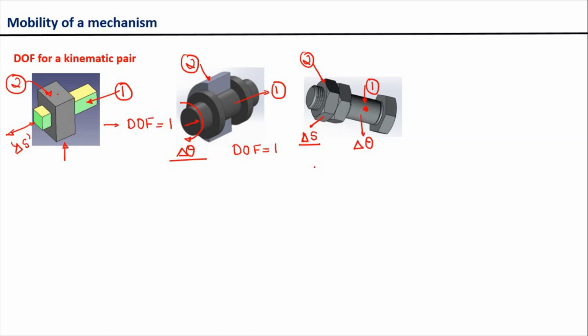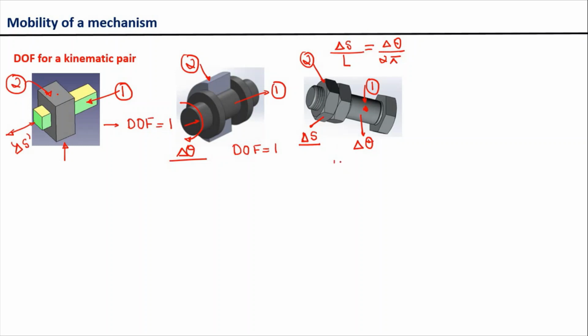Now in this case, as we have already seen in the previous sessions, delta S and delta theta are related by this relation. So if you see here, the two coordinates delta S and delta theta are interrelated to each other.